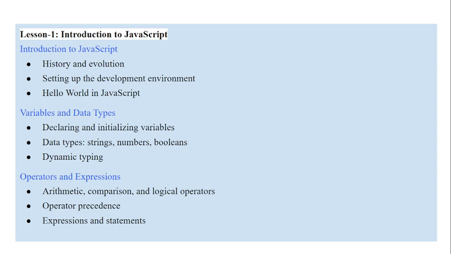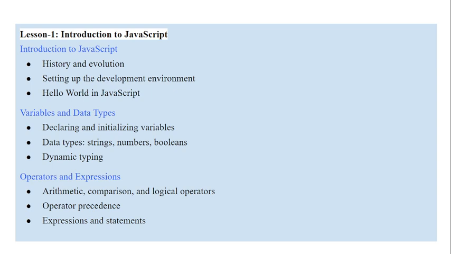For the development environment, we need to download and install VS Code. In later classes, I will explain how to download and how to install VS Code. And after that, we have the Hello World program, a small program in JavaScript.